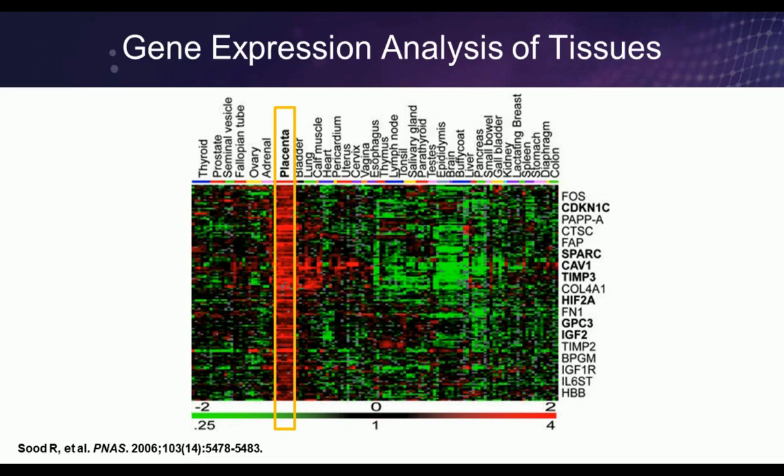In this particular chart, you can see the red represents the highest levels of expression, and green represents the lowest levels of expression of the mediators that are seen on the right-hand side. And of these 35 tissues, you can see that placental tissue has the highest expression of all these 35 different tissues. So it's loaded with biological mediators that could impact on healing.